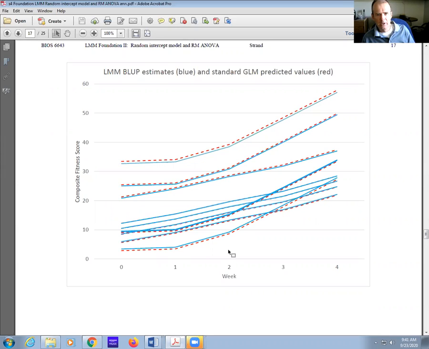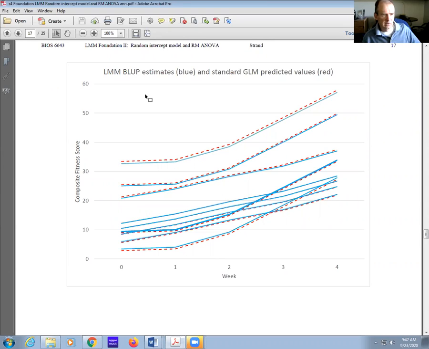And there were two programs, the low intensity and high intensity. One of the things I want to show you from this is that if you take the general linear model predicted values, those are in red, the dashed red. And if you look at the empirical Bayes estimator, we call them the best linearly unbiased predicted values.